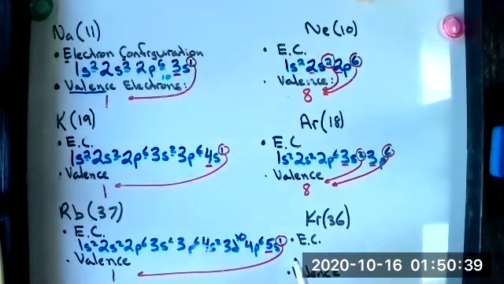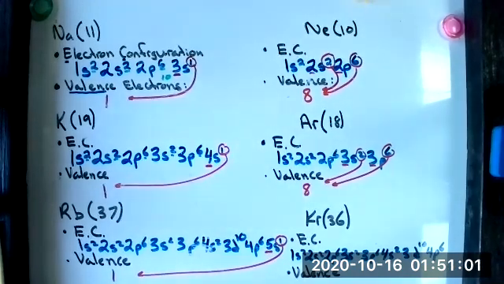Here comes my answer. 1s2, 2s2, 2p6, 3s2, 3p6, 4s2, 3d10, and a 4p6.